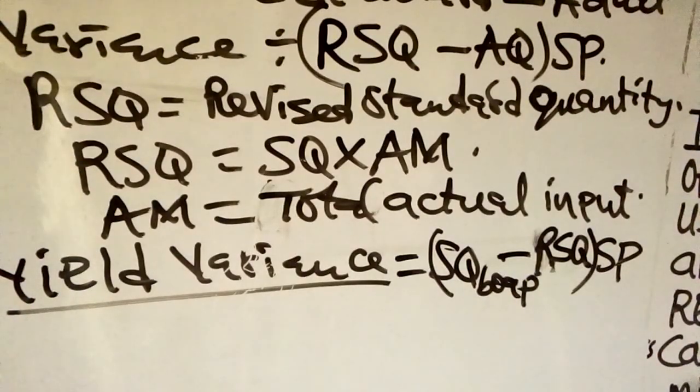I've explained how to calculate the revised standard quantity above. That is material yield variance.